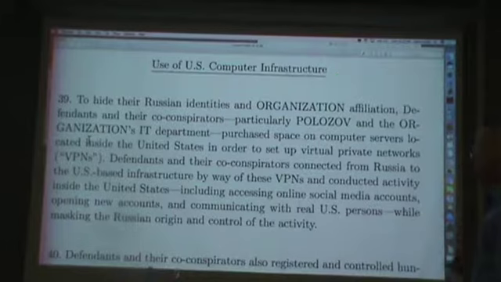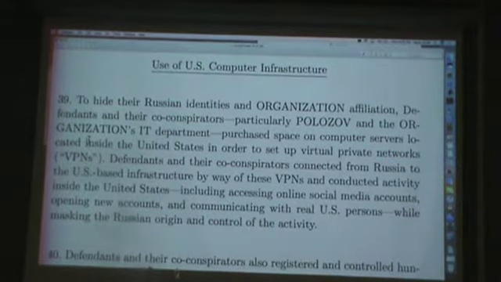U.S. computer infrastructure. So he says, to hide their Russian identities and organization affiliation, defendants and their co-conspirators, particularly Polozov and the organization's IT department, purchased space on computer servers located inside the United States in order to set up virtual private networks, VPNs.